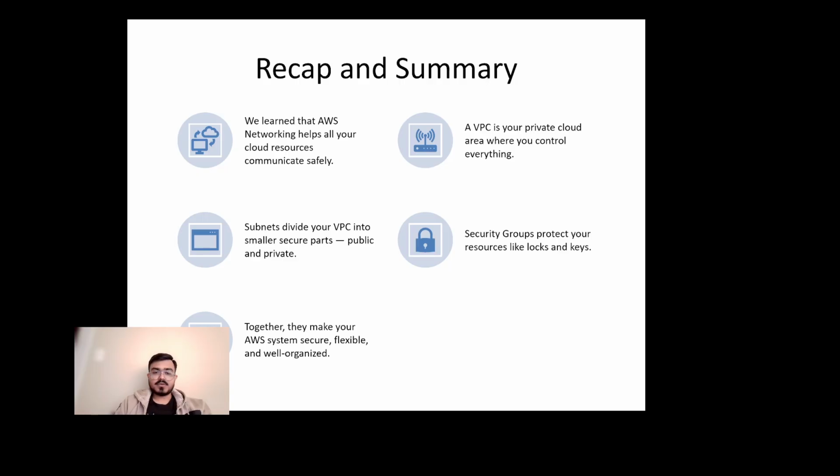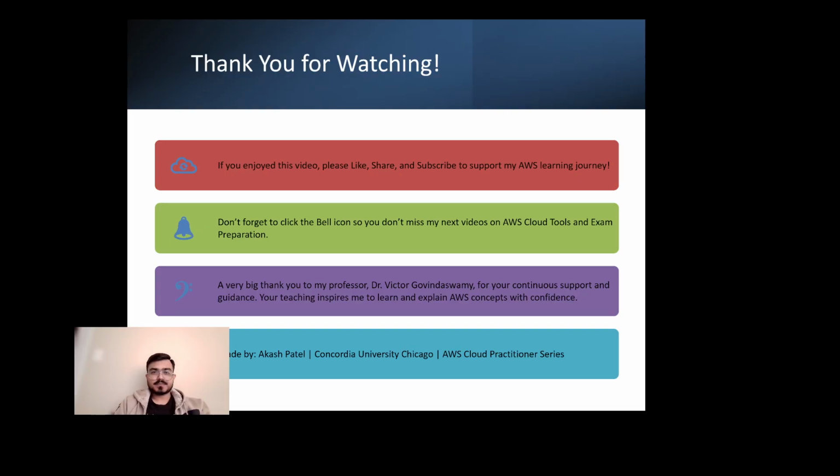Security groups protect your resources by controlling who can talk to them. Internet gateway and NAT gateway help manage connection between your private world and the internet. Together they make an AWS environment organized and secure, just like a well-designed house with locked doors and private rooms.